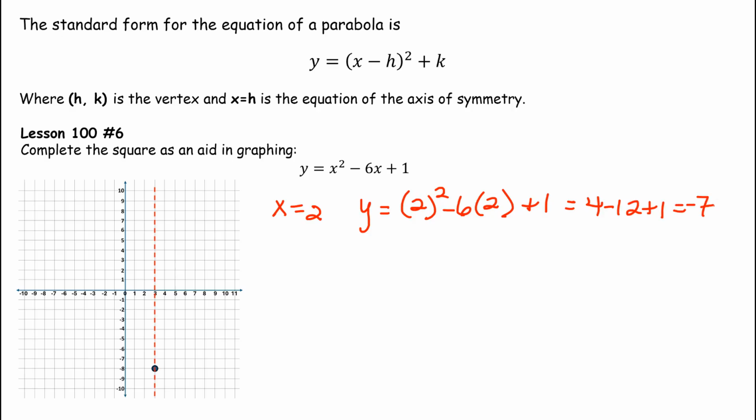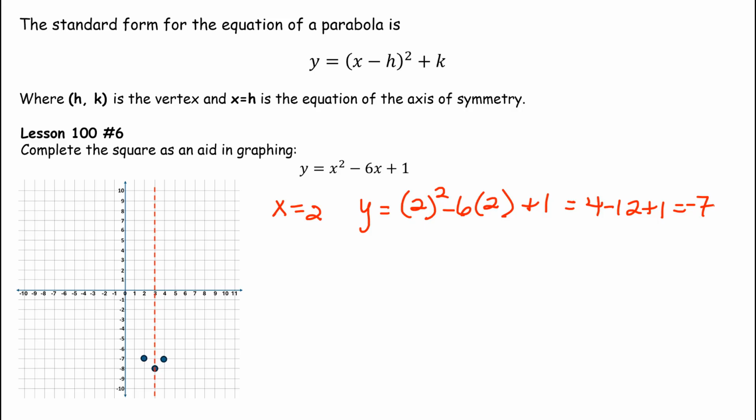So the point (2, negative 7) is on this parabola. And since the axis of symmetry is that red line, I know if (2, negative 7) is on there, then (4, negative 7) is also going to be on there because it's on the other side of the axis of symmetry and it's exactly the same distance away. And the parabola has to be symmetric, so it's going to look the same on the left side of that red line as it looks on the right side.